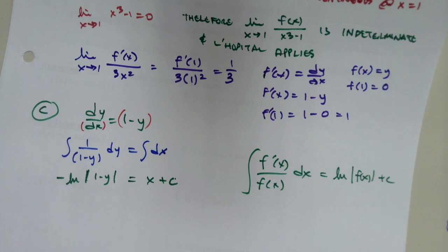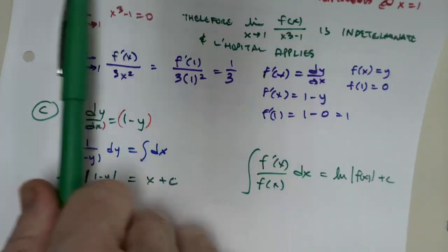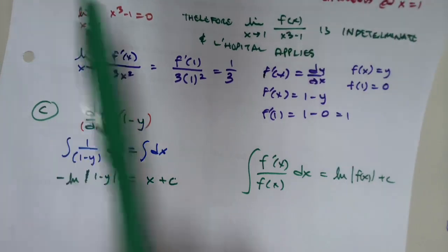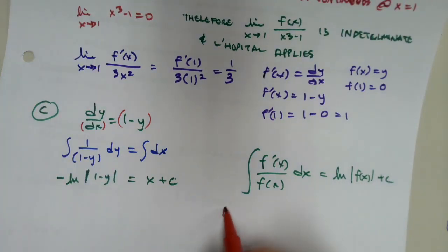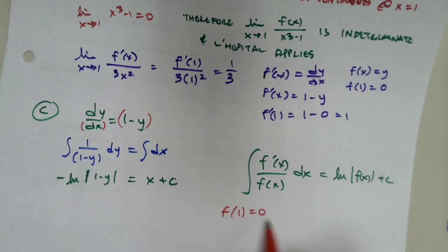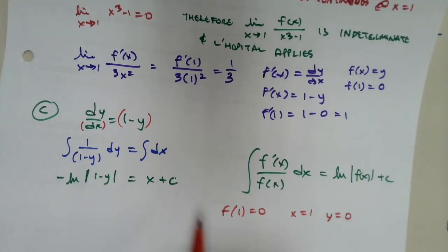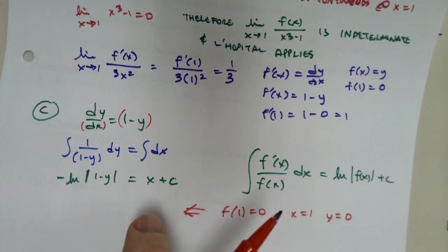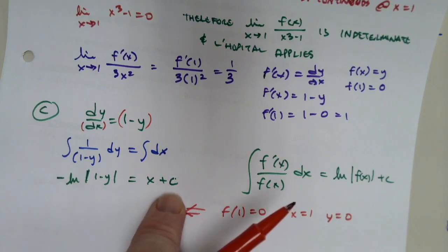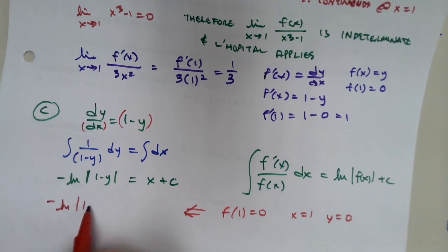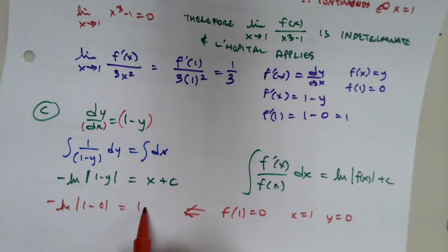Okay. It does say find the particular solution for the initial condition f of 1 equals 0. So remember, f of 1 equals 0, that means x equals 1 and y equals 0. We're just going to substitute that in here in order to solve for our c. This will be negative natural log of 1 minus 0 equals 1 plus c.